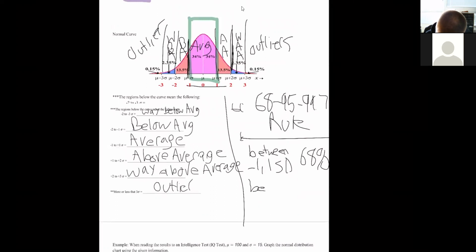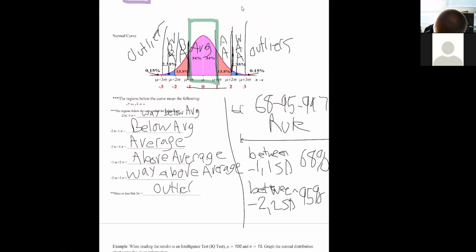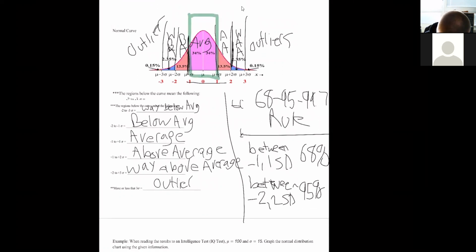Between -2 and 2, so basically 2 standard deviations on both sides, you're going to have 95% of your data. If you add up these percentages, you're going to see 95% of your data. Pretty much all of your data is going to be between 2 standard deviations on both sides.